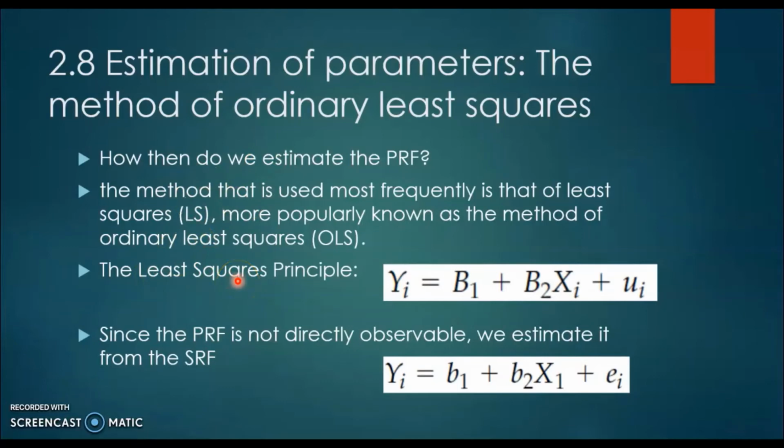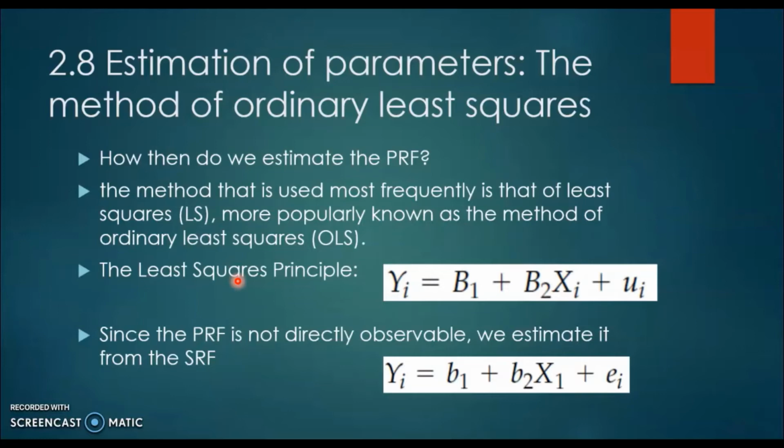We know that we have to estimate the population regression function, or PRF, on the basis of the sample regression function, or SRF, since in practice we only have a sample, or perhaps two, from a given population. So how then do we estimate the population regression function?